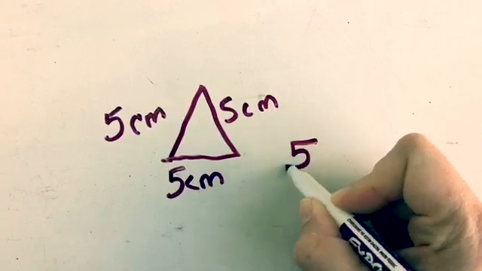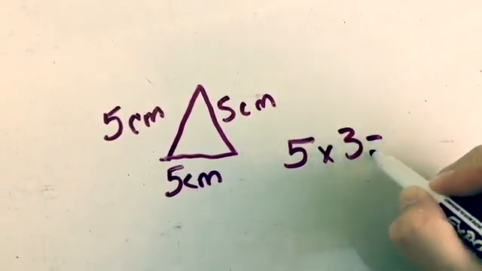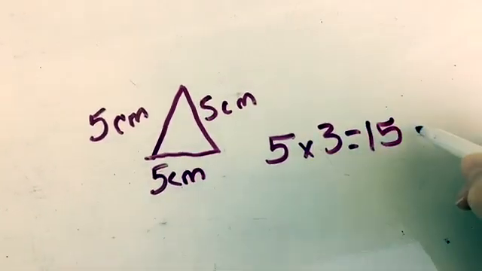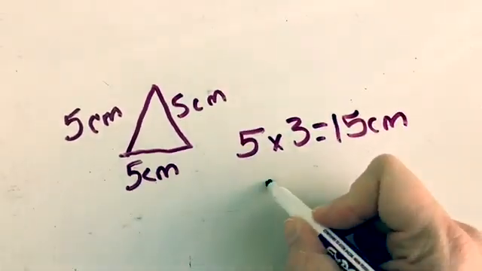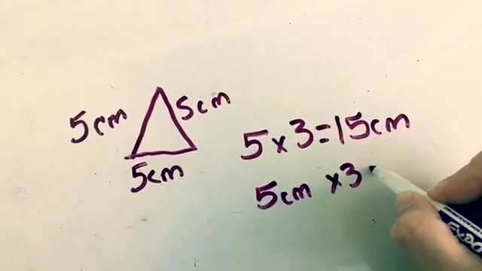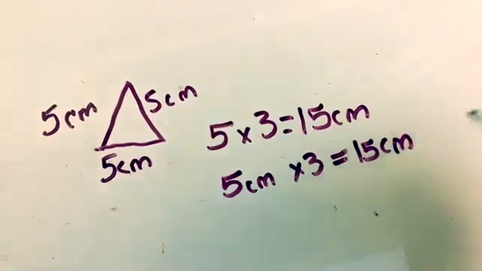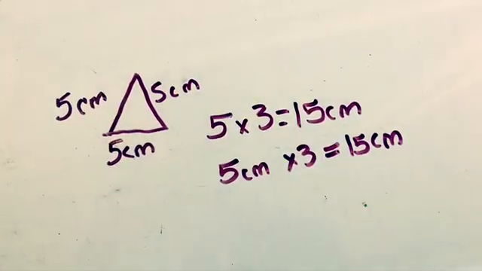How many times do we have the number 5? We have it 3 times, and so that is equal to 15 centimeters. So really I would do 5 centimeters times 3 equals 15 centimeters.